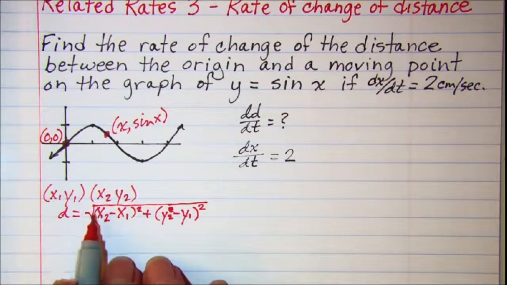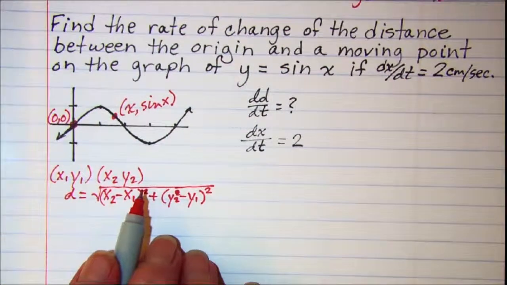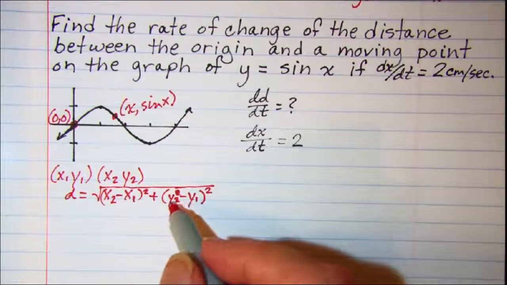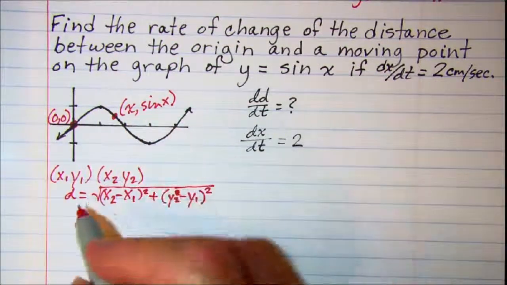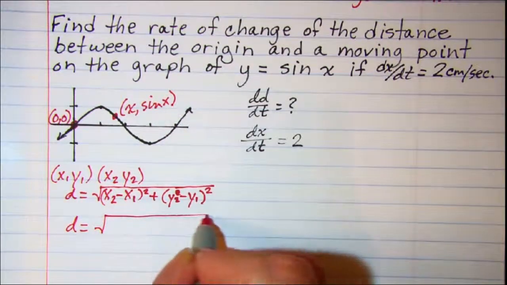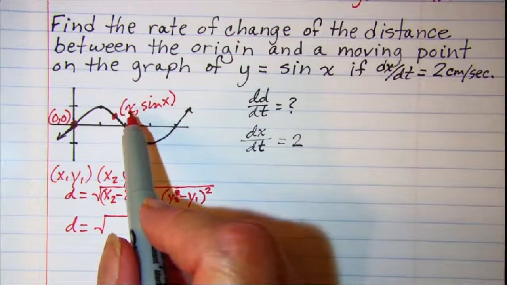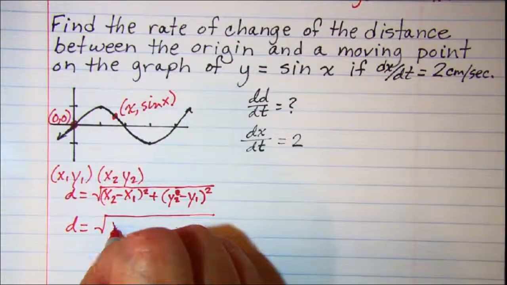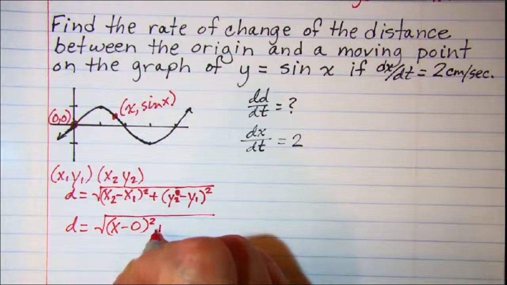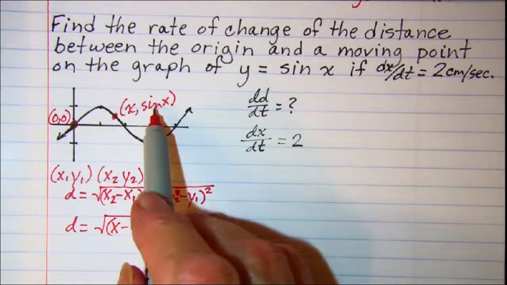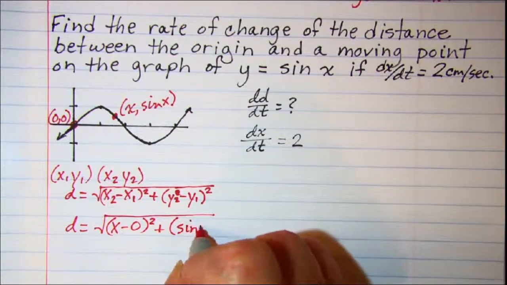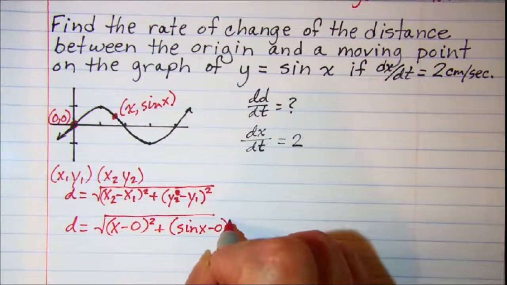And to make my differentiation easier, I'm going to square both sides of this. Let me put my points in though. I have d equals the square root of x minus 0, quantity squared, and then my y's are sine x minus 0, quantity squared.